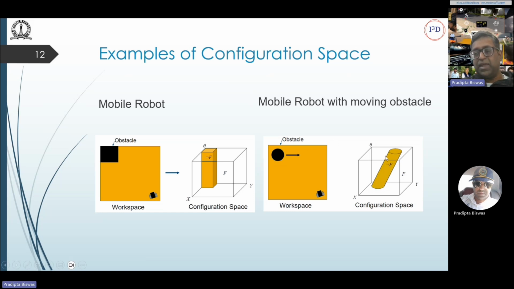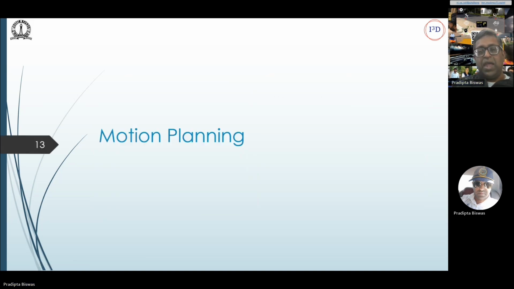But here in the configuration space, if I know the type of movement of the obstacle, I can define the obstacle space accordingly, and I can plan the movement of the robot within this free space. So even if the obstacle moves, I can still avoid hitting the obstacle.